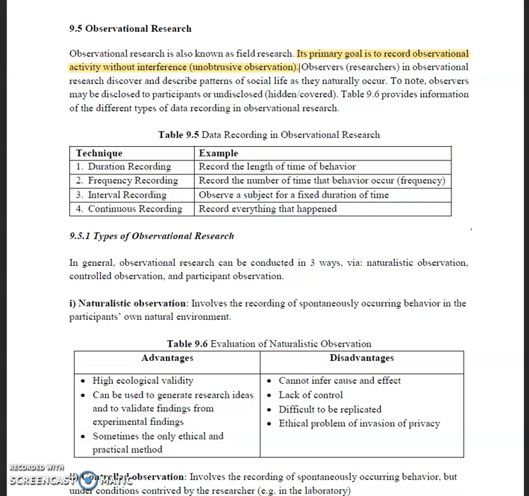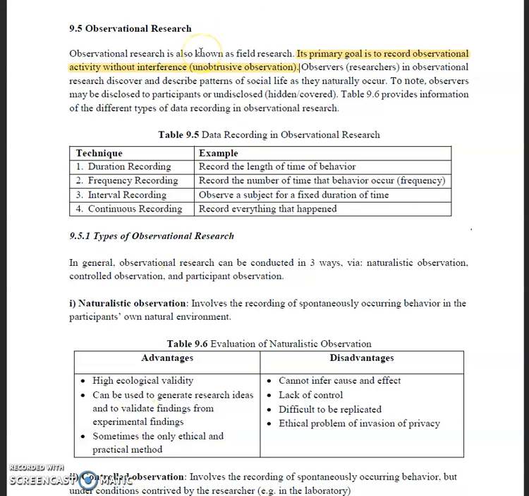Let's continue with our discussion on chapter 9, which is the basic research methodology, with topic number 5, which is observational research.